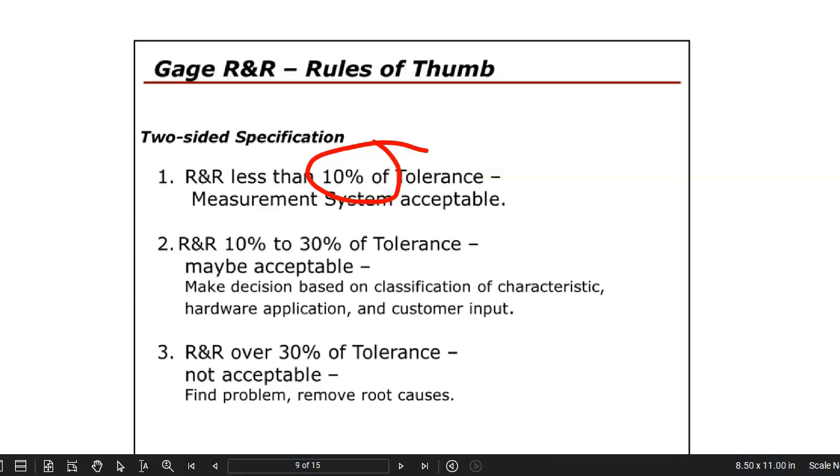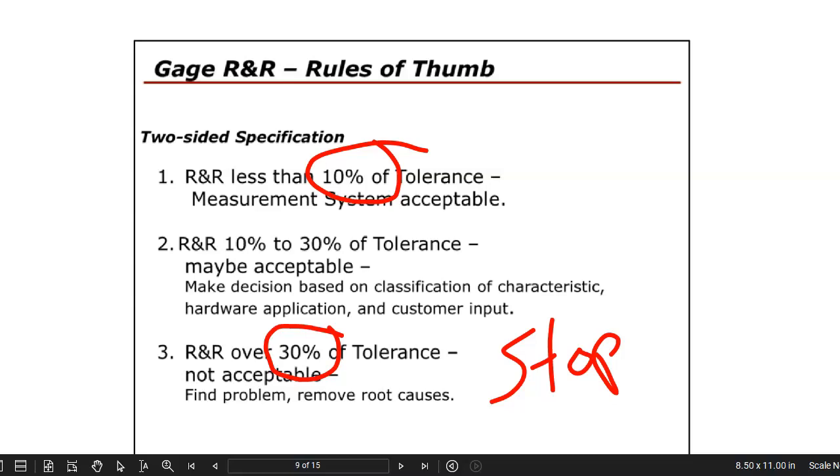If your Gage R&R study, though, shows that you've got over 30% of the variation due to the measurement system itself, you need to stop the process improvement project and step back and improve the way that you do your measuring before you go on and use this data for analysis of improving the existing process.